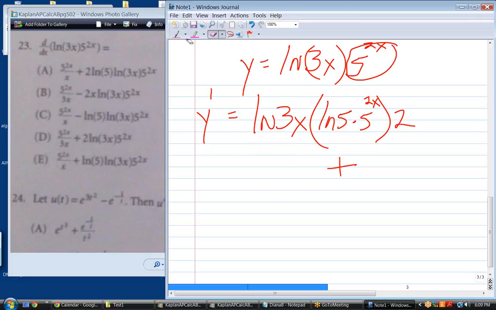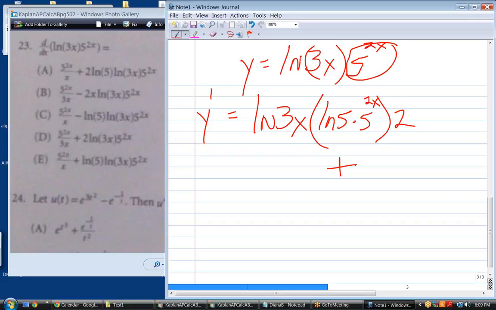It's the derivative of natural log. It's 1 over... Yeah, the derivative of natural log of x is 1 over x. That's an important one to remember.